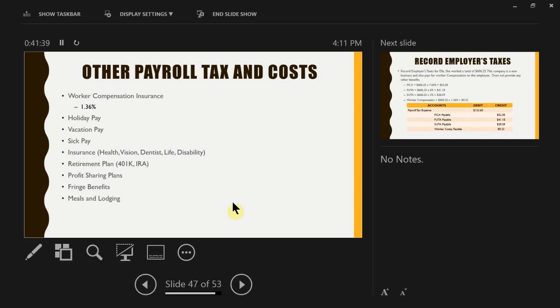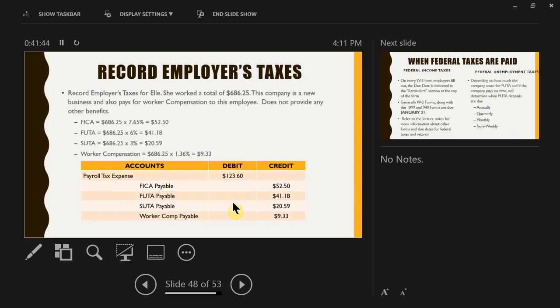Okay? So again, in this class, I only want you to know workers' compensation is 1.36%. So let's go ahead and talk about how we're going to calculate this. Everything that you see here is going to be based off of the total gross earnings.